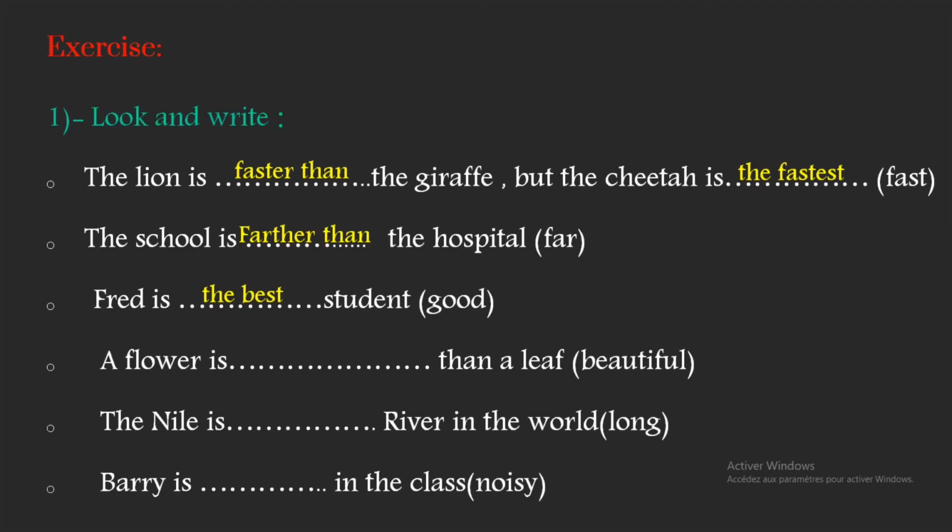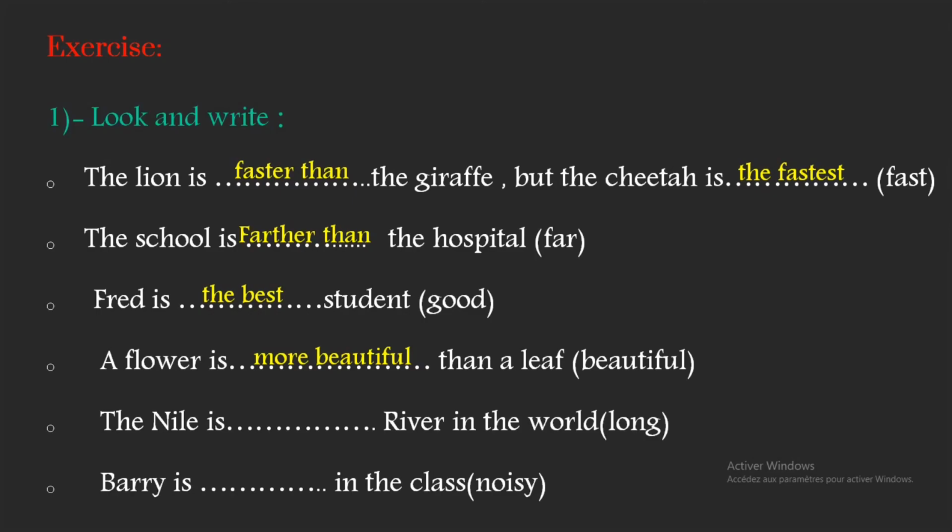For the fourth sentence, a flower is, then a leaf, and the adjective is beautiful. Beautiful, it's a multisyllable adjective, so we'll put more before the adjective, because here we'll use the comparative. A flower is more beautiful than a leaf.